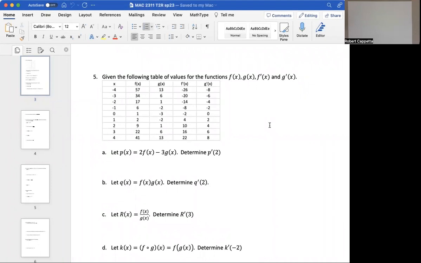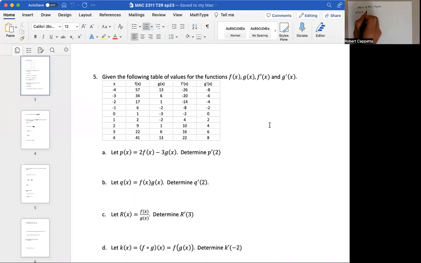And I want p prime of 2. So what would that be? Well, we've got to find out what p prime of x is. So right now I have p of x is 2f of x minus 3g of x. And I want to find p prime of x.